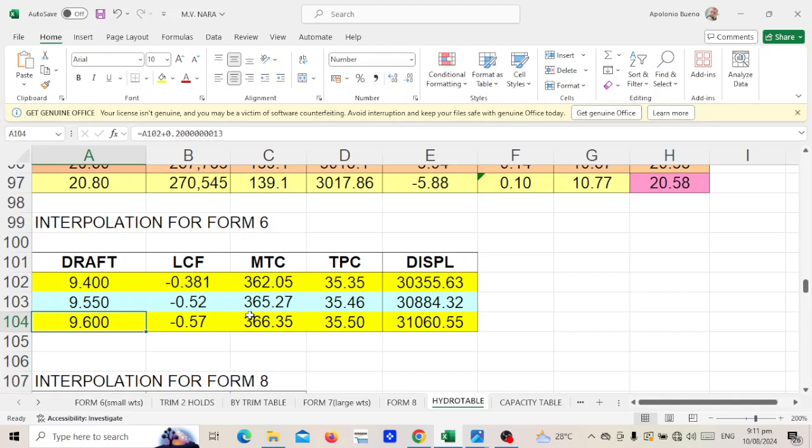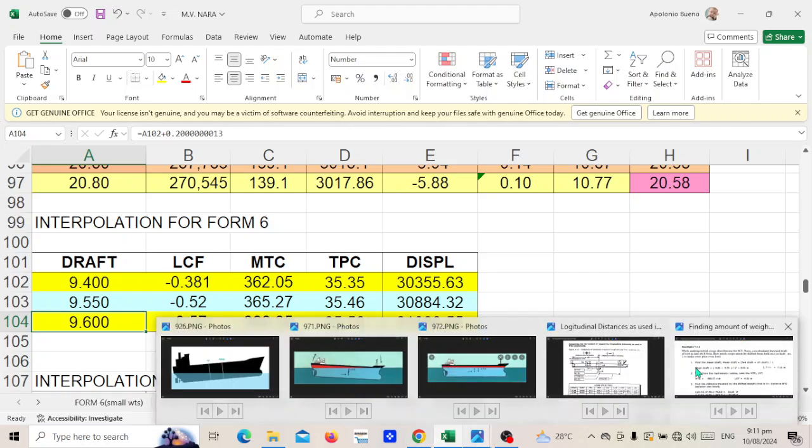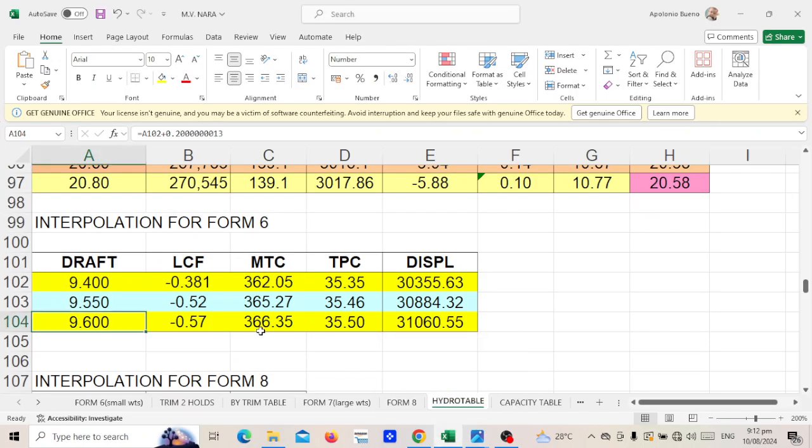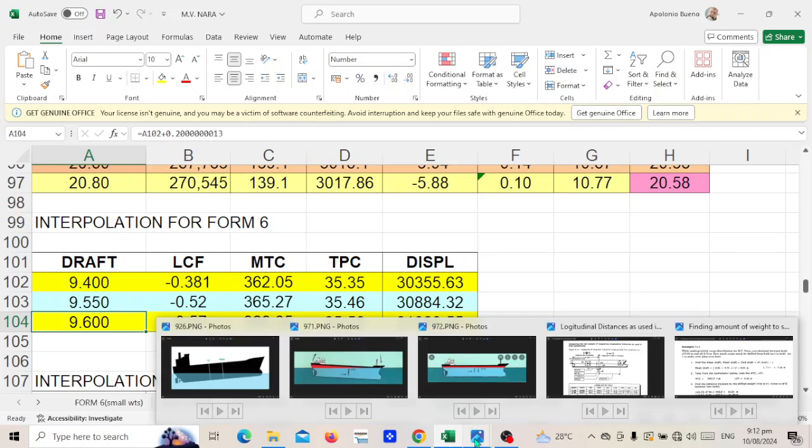So MTC is 365.27, and LCF is negative 0.52. Okay, so confirm. Then continue.